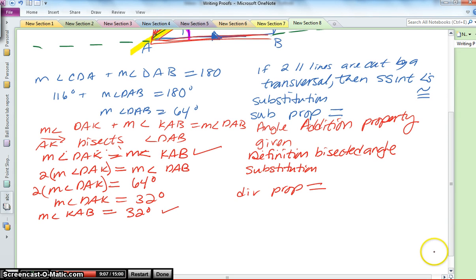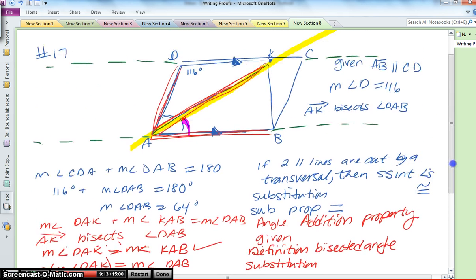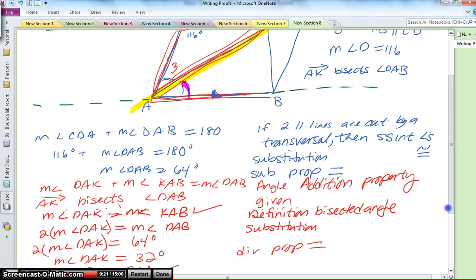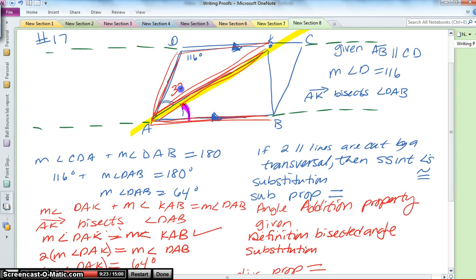And they've asked us for the measure of angle DKA. So where is DKA? This guy here. Oh, well, do we know that yet? What do we have to do there? I'm just going to bring this drawing down. We've got a 32.